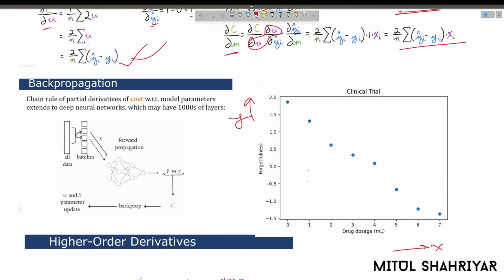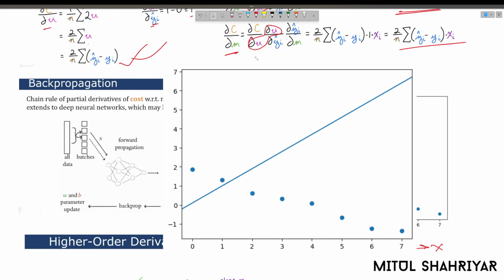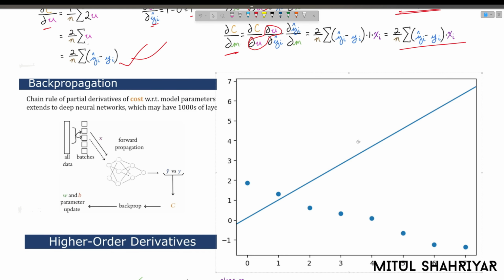Okay, if I just plot it here on top of that, we have m equal to 0.9 and b equal to 0.1. Just randomly picked them to create a line. Basically, that's all.